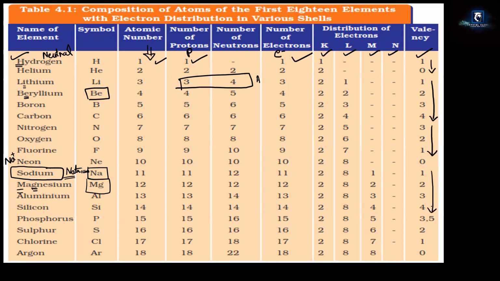Then 1, 2, 3, 4. This is a special one where you'll have two possibilities, 3 and 5 valency. And then you see the number again goes down. See the pattern, it is very easy to write. As you get hands-on experience, you can just say the valency. If anyone needs to know how to find the valency, I'll make a separate video for that.